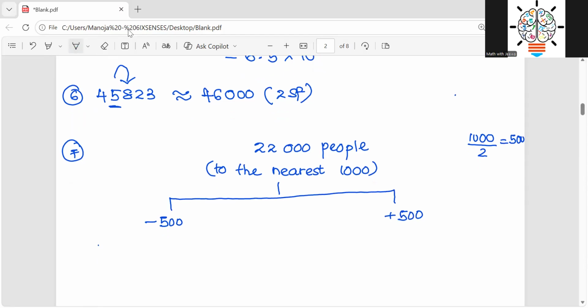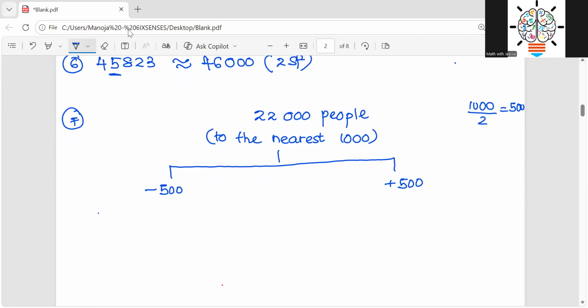So if that is the case, what will be the answer? So this will be 21,500. And this one will be 22,500. Okay. And then what is the minimum number of tickets that they hope to sell? So then the minimum number of tickets will be, because you just imagine, children, 21,499. If you correct this to the nearest 1,000, what will be the answer?